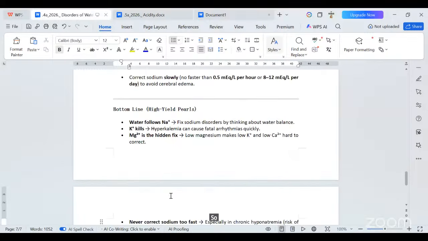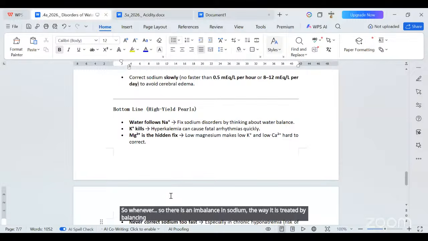So from what we have said so far, in a nutshell, is that water flows with sodium ion. So whenever there is an imbalance in sodium, the way it is treated is by balancing the intake of water with the outflow.